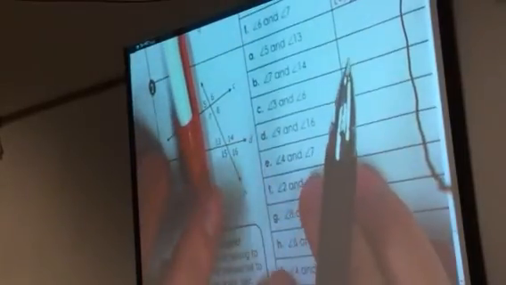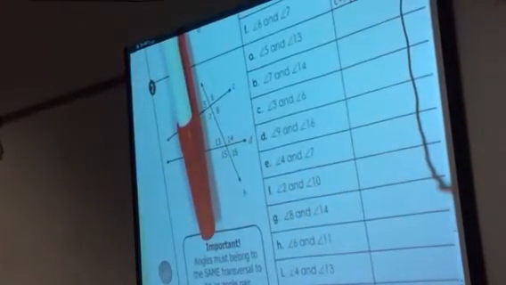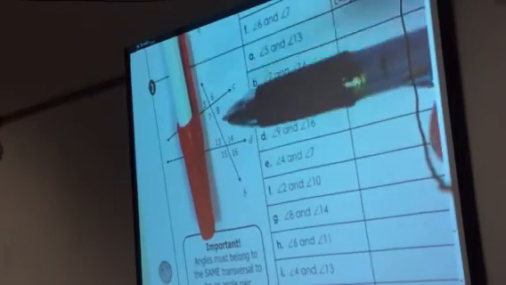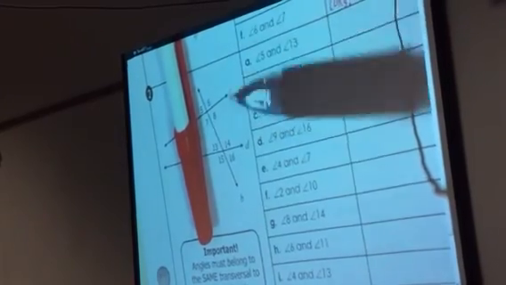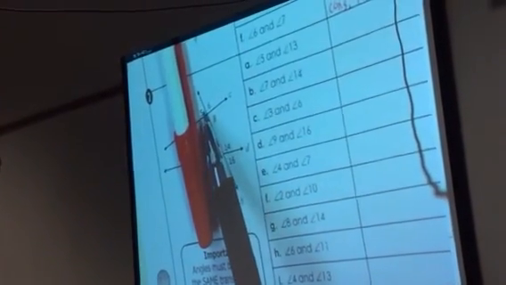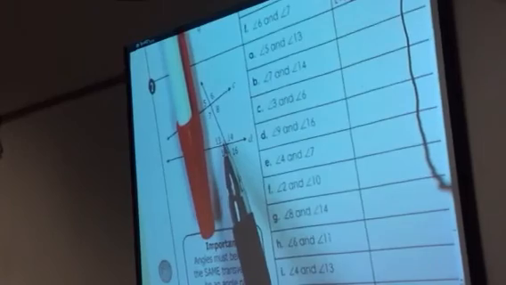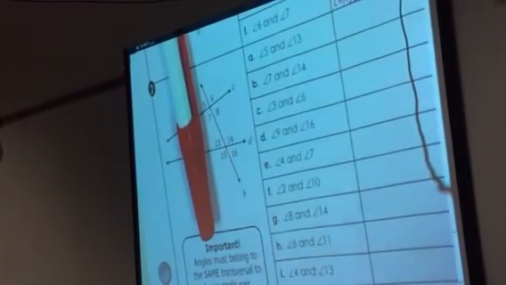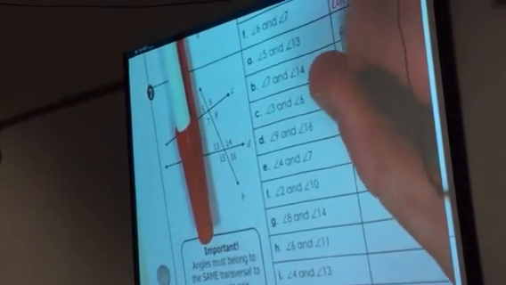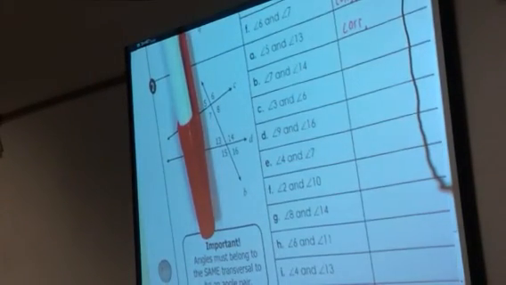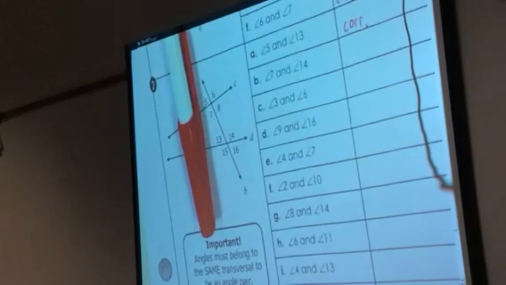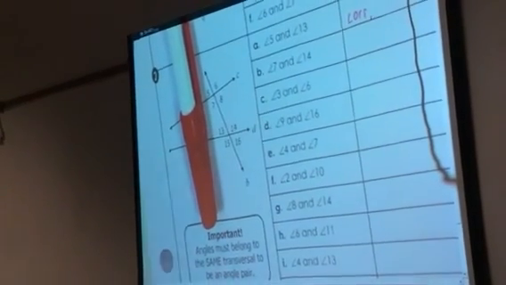So I can just cover up that other side, and now all I'm looking at is this transversal and these two groups. Wouldn't that be corresponding? 5 and 13 would be corresponding because 5 is on the top left and 13 is on the top left of their two groups, right? And so it's kind of hard to draw a box with these because it could change depending on which way you're looking.